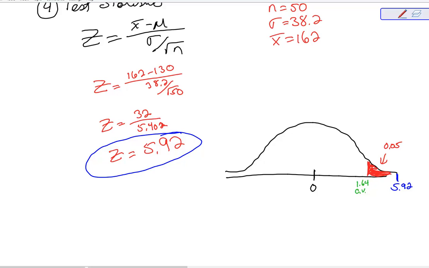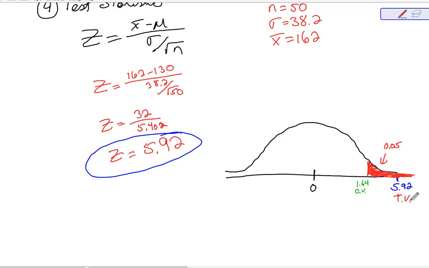So if we look at that, that is actually our test value, test statistic, which is going to help us determine, do we reject the null hypothesis, or do we accept, or I'm sorry, do we not reject the null hypothesis?